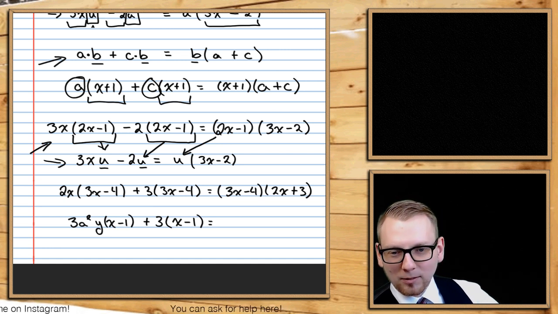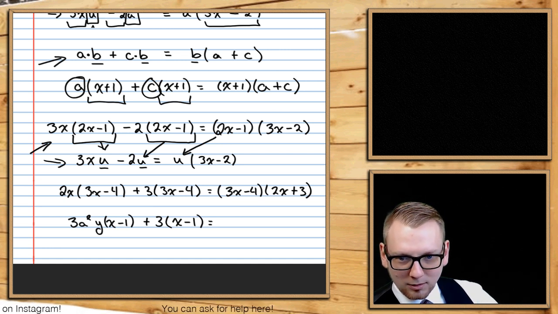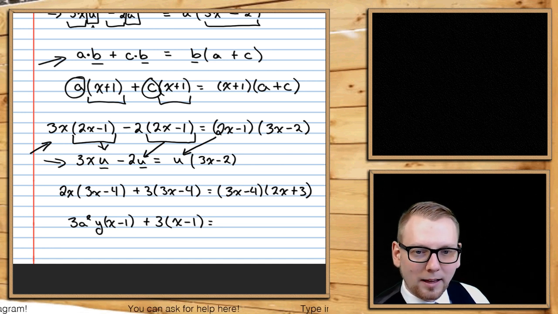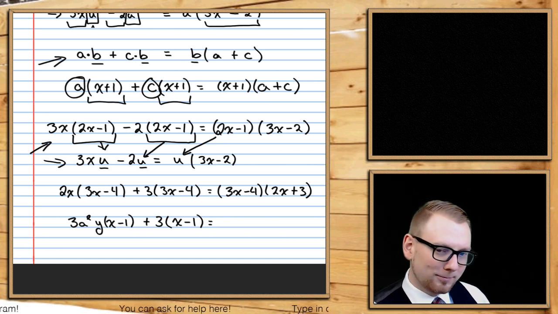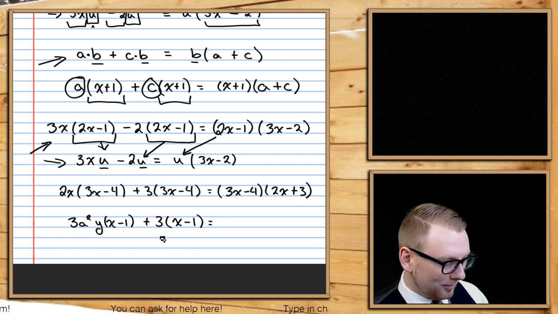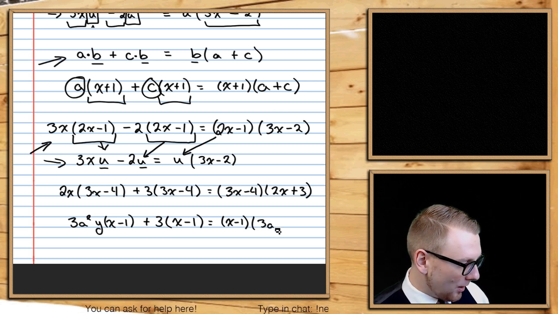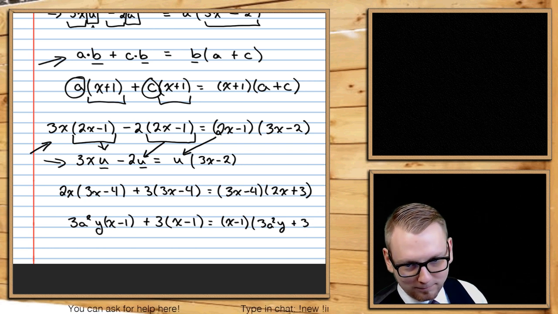If you ever want to type exponents, you can use the little hat symbol if you want. But yeah, you would take out the x minus 1 and you'd have 3a squared y plus 3.